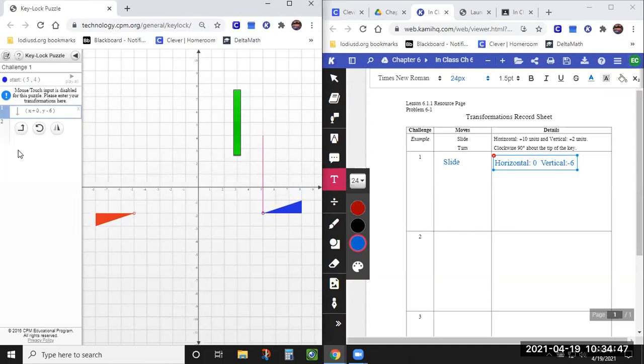We are here now. What do we need to do to get the blue dot on the red dot and the triangles going the same direction? Are we going to flip? Are we going to slide? Are we going to turn? We have another move we've got to make.